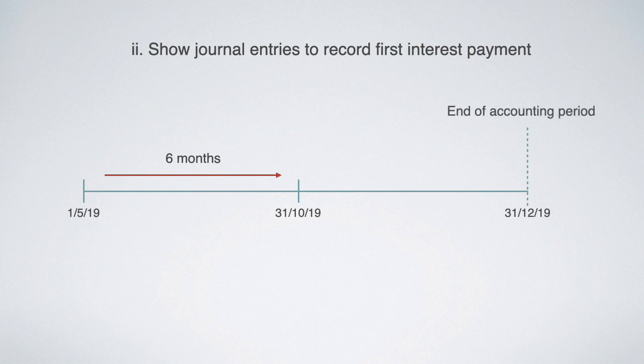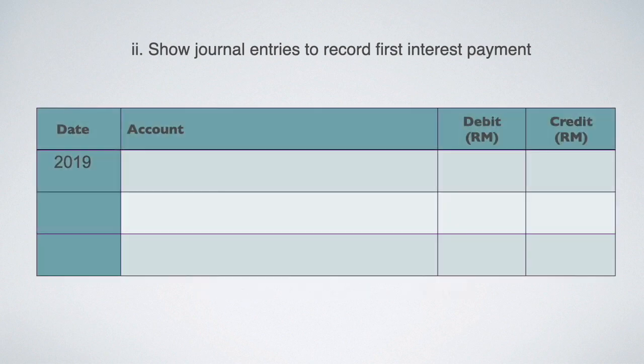Okay, we calculate 20 million times the 6% stated in the question, and you have to times 6/12, because although 6% is for 1 year, the interest payment is only for 6 months first. So you will get this number first: 600,000. This number you will pay on the date 31st October.